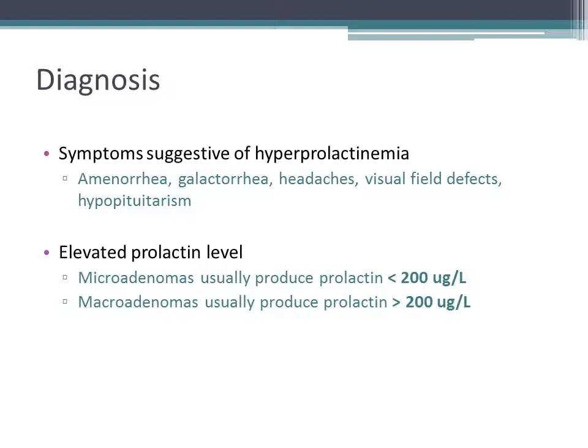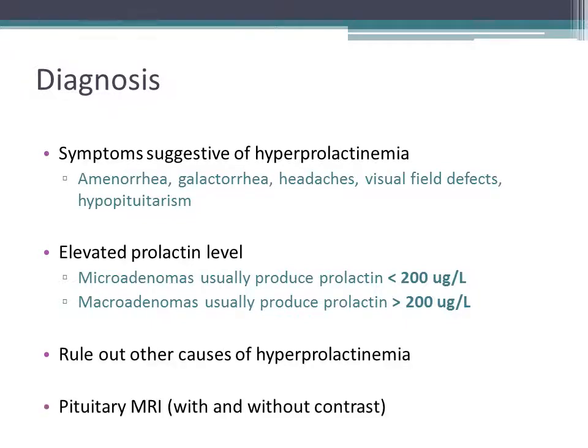Now, a level of less than 200 might either be because of microprolactinoma or other causes of hyperprolactinemia, which we're going to talk about in a bit. So pituitary MRI with and without contrast is the standard modality of imaging. We do not use CT scans nowadays for imaging the sellar area.